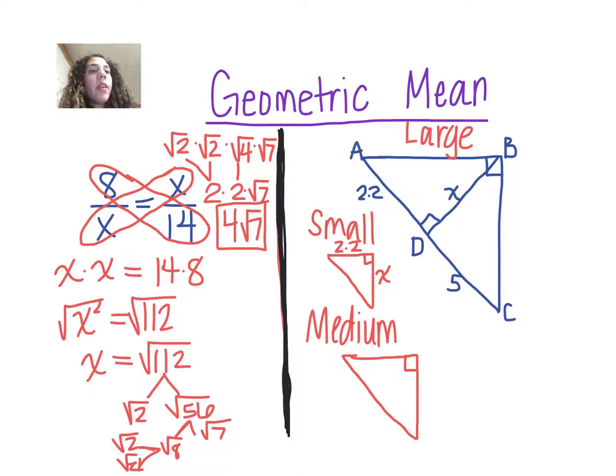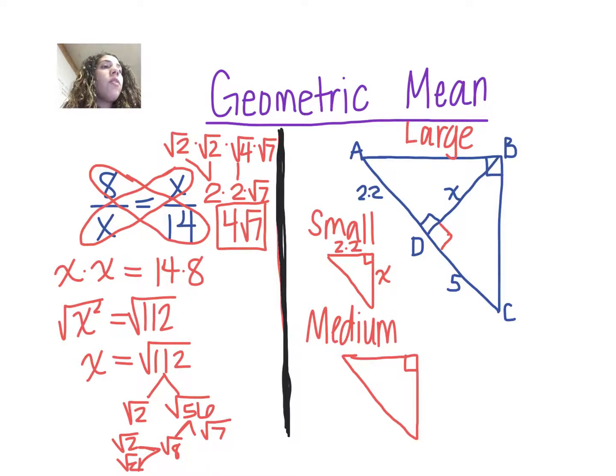And then on my medium triangle, I'm saying it's my medium because you should be able to see a total of 3 triangles when you're looking at triangle ABC. We have triangle ADB.